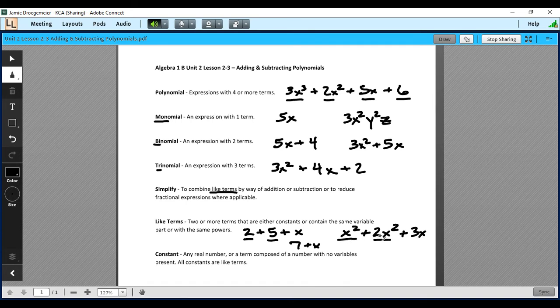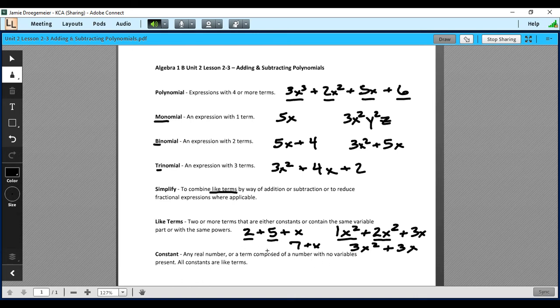The two that I've underlined would be like terms because they have the same variable and the same exponent. So I could add x squared and 2x squared, and remember, x squared is really 1x squared. That's just an understood number there. When I add those together, I get 3x squared. So a simplified form for this one would be 3x squared plus 3x.